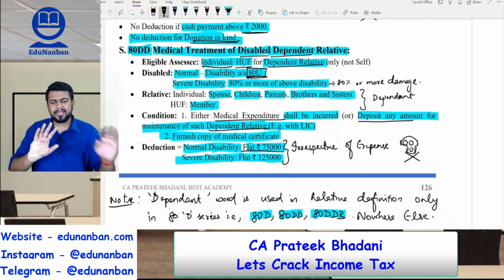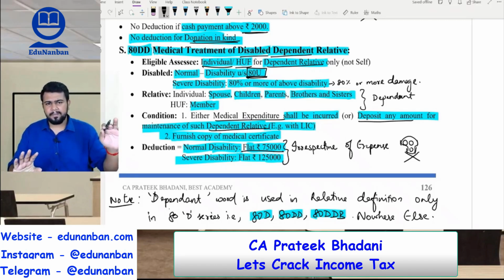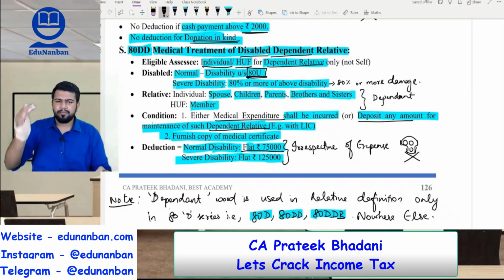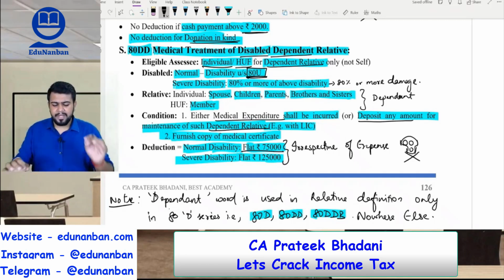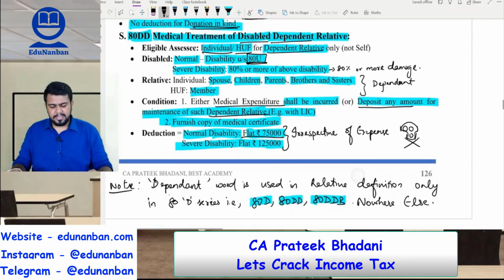It means whatever expenditure it may be, you ignore it. You just take 75,000 and put 75,000 as deduction. And in case the disabled dependent relative is suffering from a severe disability, meaning 80% or more, in such case flat 1,25,000 will be allowed as deduction to the assessee irrespective of the expenditure incurred.